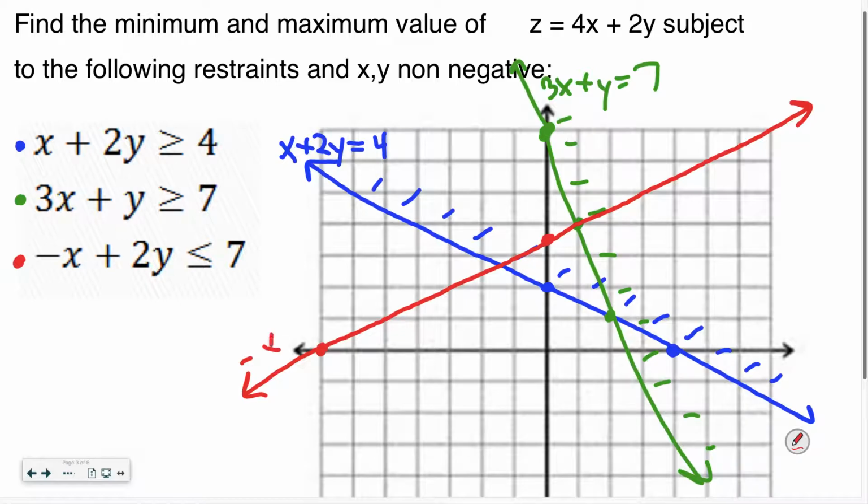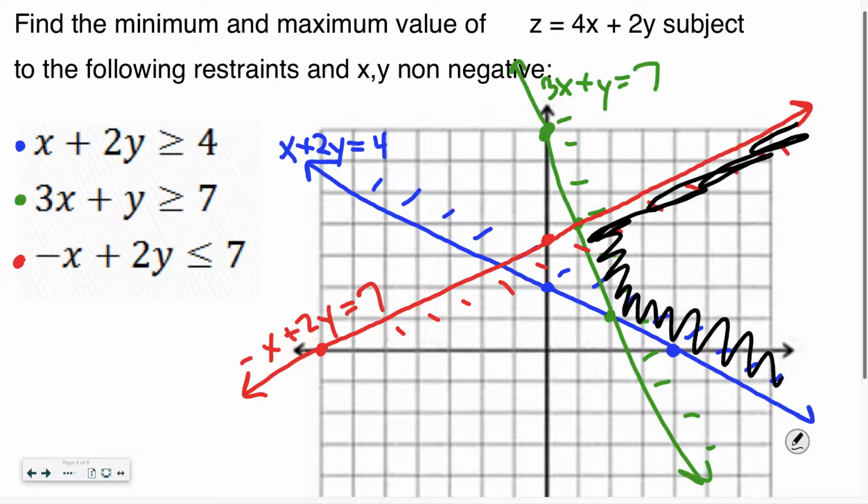That's our line, -x plus 2y equals 7. Ooh, how about this time? Does 0, 0 satisfy? So it looks like our overlapping shading is right in here where all of them would intersect.